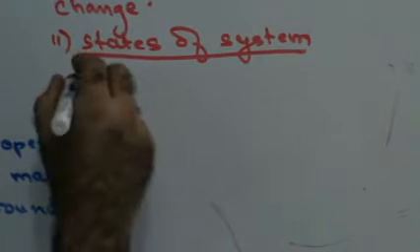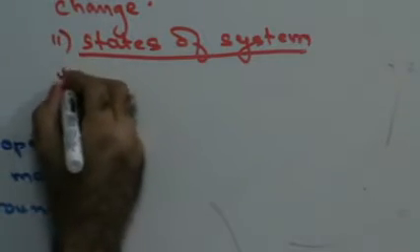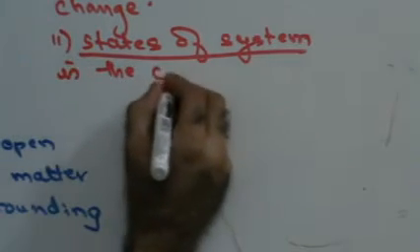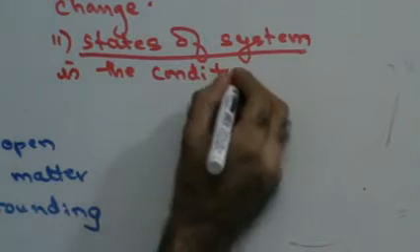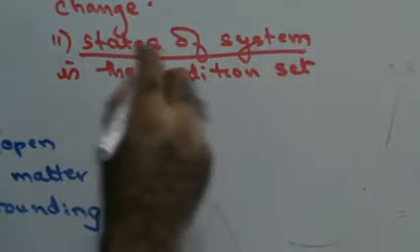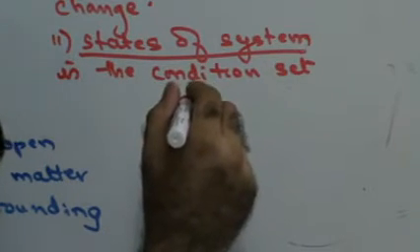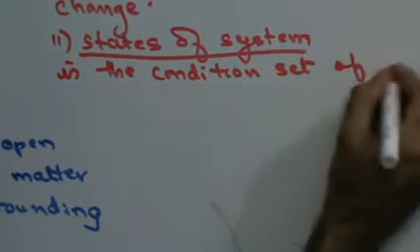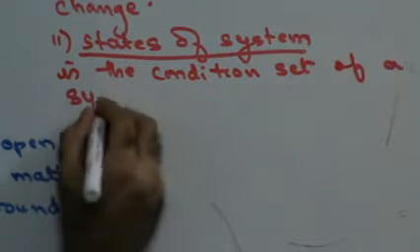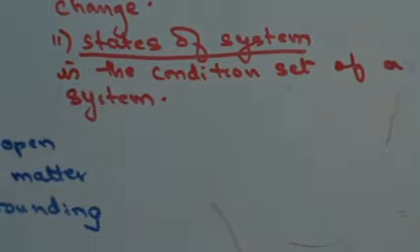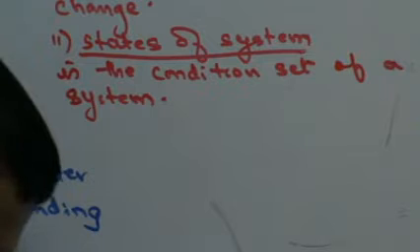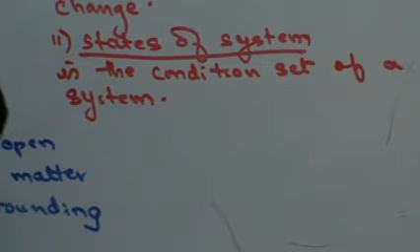The state of a system is the condition set of a system. By changing any one of those, there would be a change in the system.